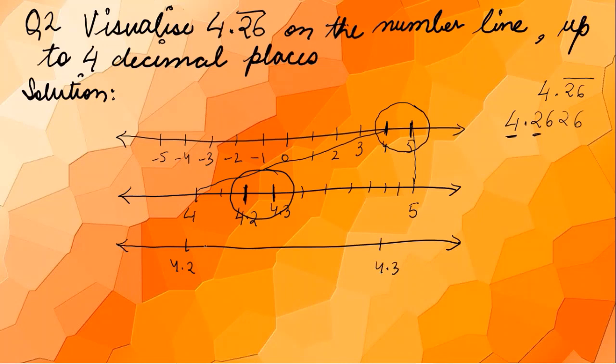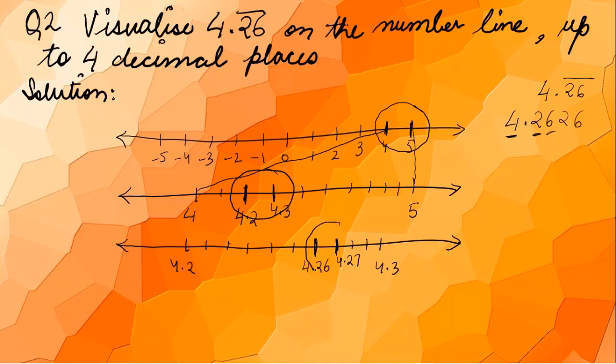Then 10 divisions will be there. 1, 2, 3, 4, 5. Now after 2 it is 6. So 4.21, 22, 3, 4, 5, 6. So this one will be 4.26 and this is your 4.27.